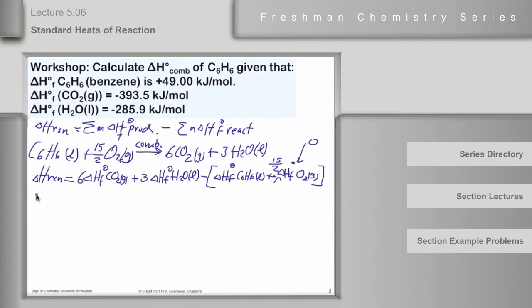So from here on it becomes a plug and chug. 6 moles of CO2 times negative 393.5 kilojoules per mole plus 3 moles of H2O times negative 285.9 kilojoules per mole minus 1 mole times 49.0 kilojoules of benzene per mole.